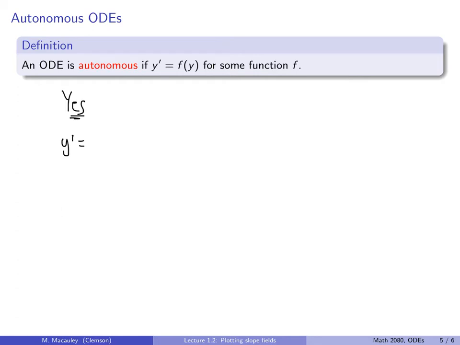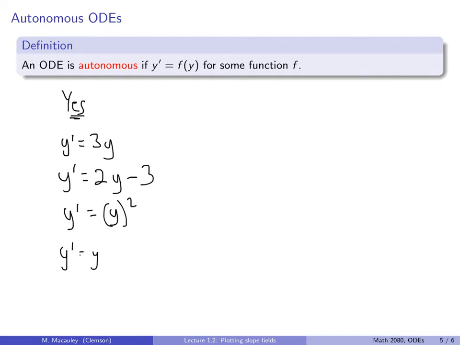Y prime equals 3y. That's something that we saw in the last lecture. Y prime equals 2y minus 3. Y prime equals y squared. That's what we saw in the last slide. Y prime equals y times sine of y minus 1. That's autonomous because there's no t in these equations.